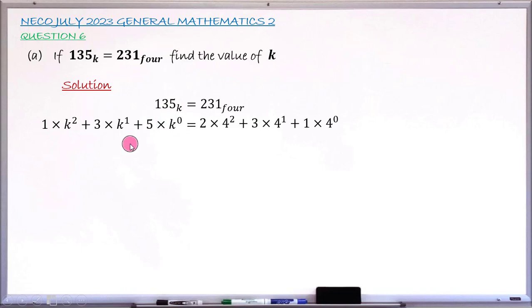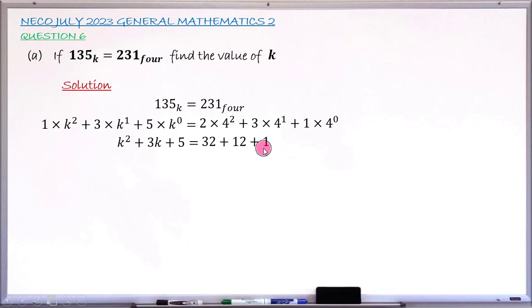So the answer is k square, 1 times k square is k square, plus 3 times k, plus 5 times 1, which gives you 5, equals the right-hand side: 32, that is 2 times 4 raised to the power of 2, plus 3 times 4 raised to the power of 1, that gives you 12, plus 1 times 1, that gives you 1.